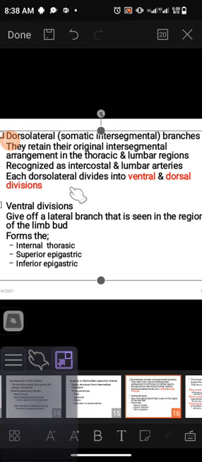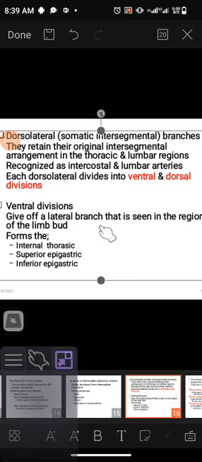The ventral portion is going to be supplying the limbs, the limb buds. When you talk about the limb, you're talking of your arm, forearm, your hand, your thigh, your leg, your foot. These are parts of the upper limb and the lower limb respectively.